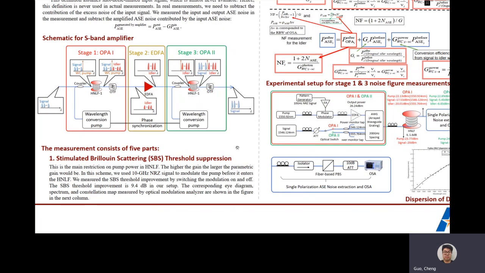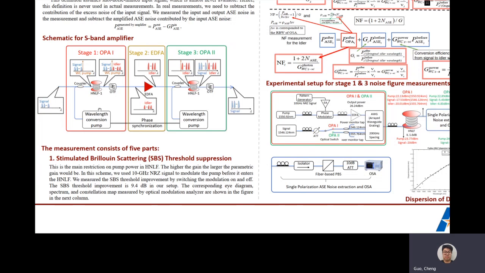The measurement consists of 5 parts. The first part is the stimulated Brillouin scattering threshold suppression. Why should we do that? Because the biggest limit for the highly nonlinear fiber, which we use here, is the power input limitation.